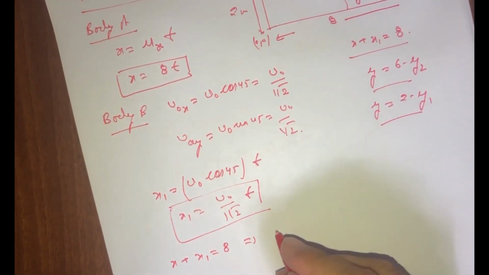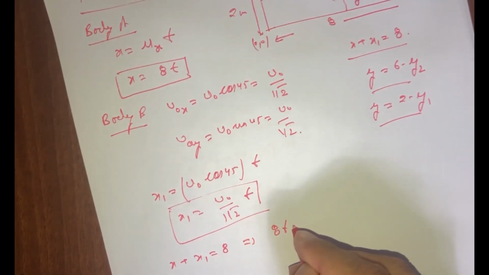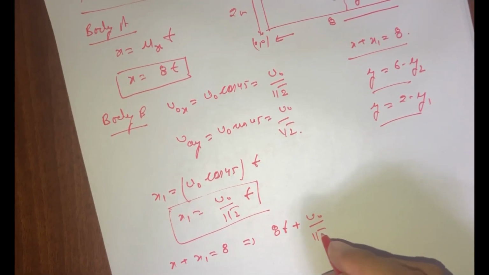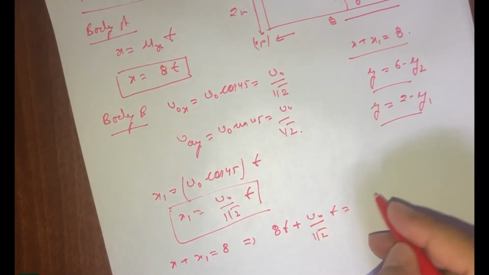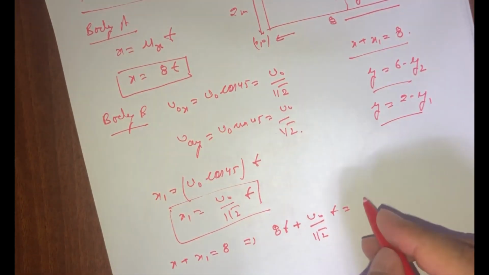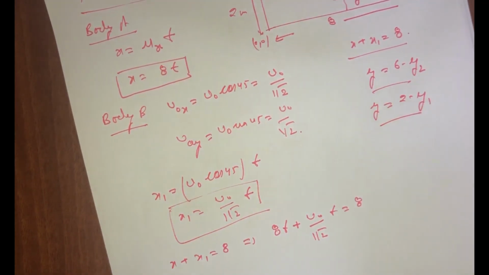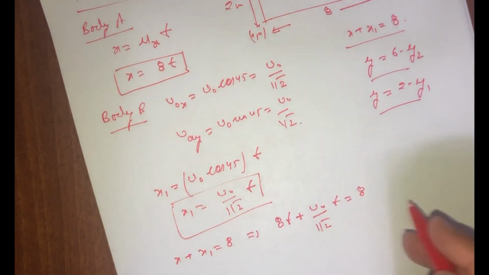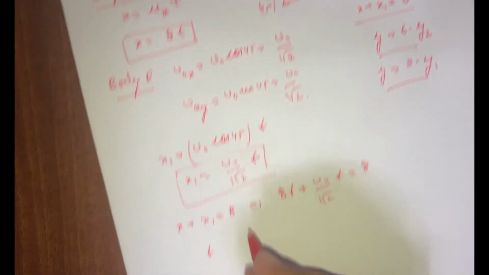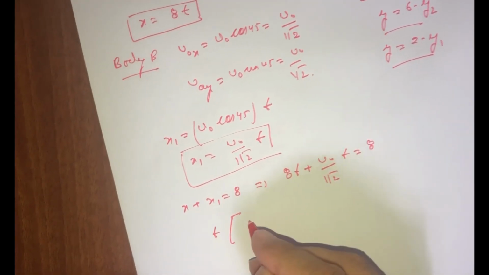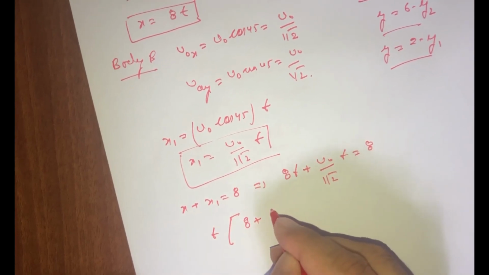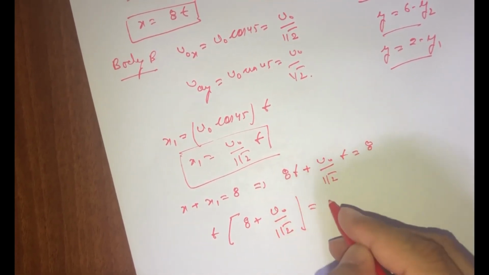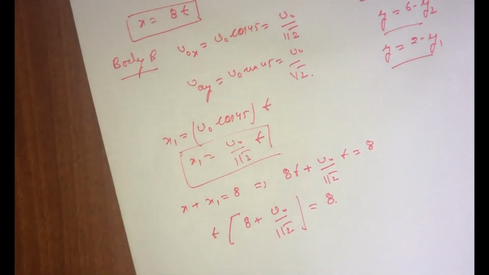So 8t plus v0 over square root 2 times t is equal to 8. From here, if you take t common, we can write this as t times (8 plus v0 divided by square root 2) is equal to 8.